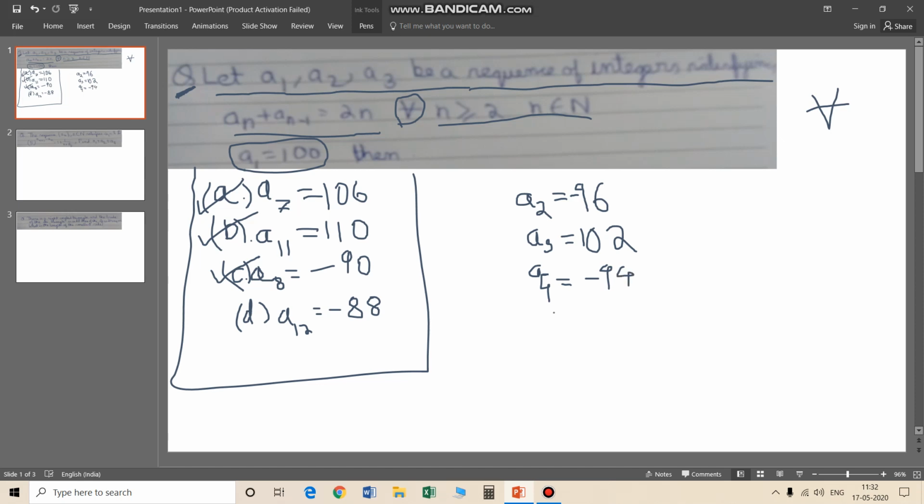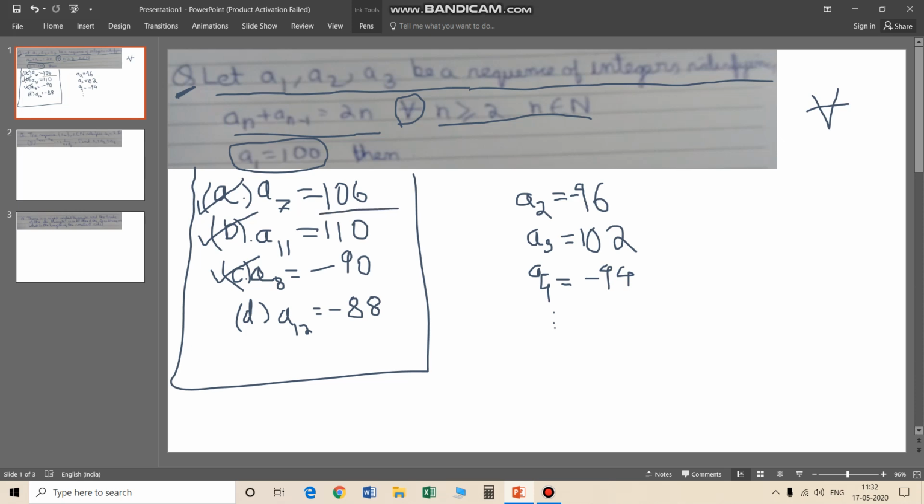Now you can go on finding. If we find a5 and a6, it will also be of that form, coming back to 100. Then a5 will be 104, a3 is 102, and a7 will be 106.